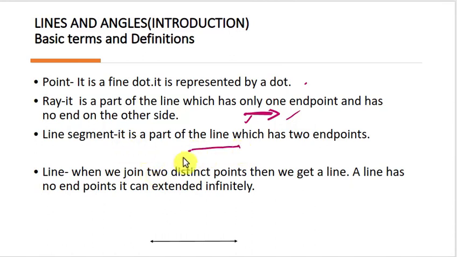Next, it is a part of line which has two endpoints. Next, line. When we join two distinct points, then we get a line. The line has no endpoint. It can extend infinitely. This will go this side, this will go that side.